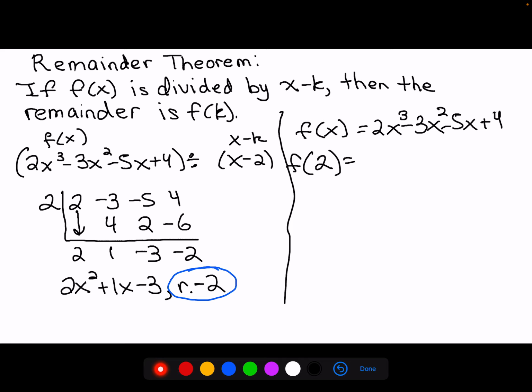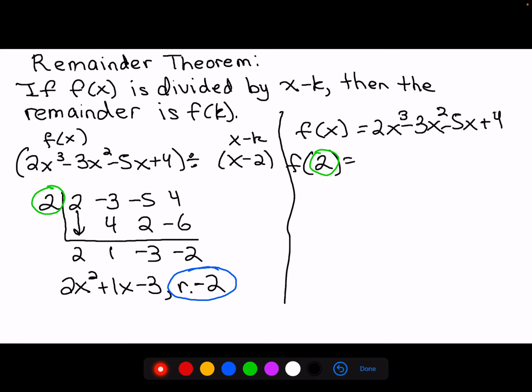Plug 2 into your function and see what you get. You should get back the remainder from that division. So the 2 that we're using comes from that k.